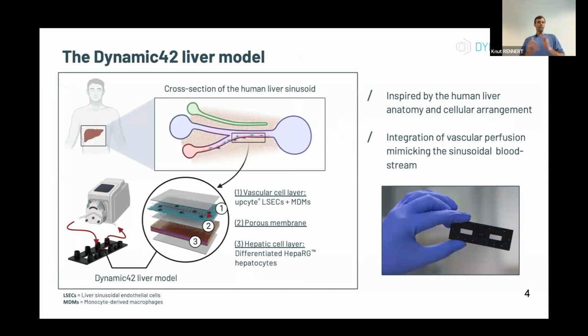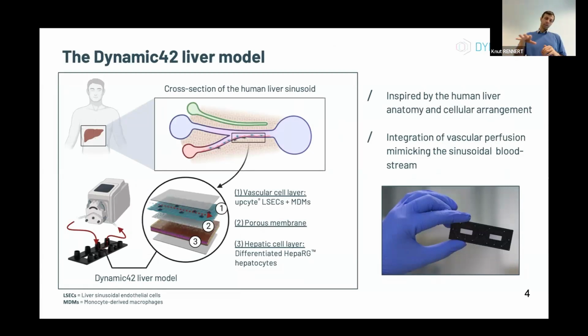The Dynamic 42 liver model is inspired by the human liver anatomy. We focused on the smallest functional unit of the liver, the liver sinusoid, and its cellular arrangement. For this, we established a chip platform. We have a cavity that is separated by a porous membrane, which gives you an upper and a lower chamber or channel.